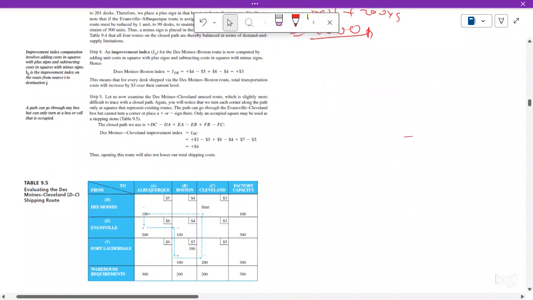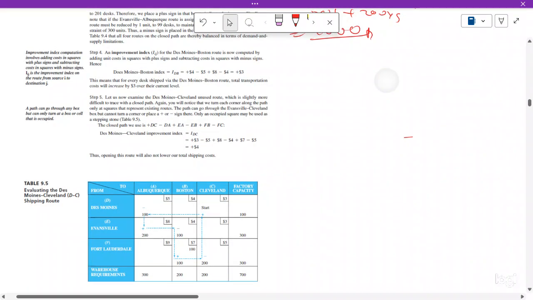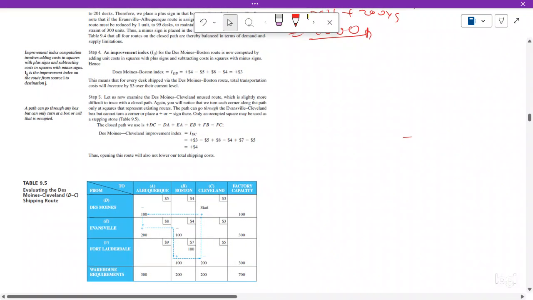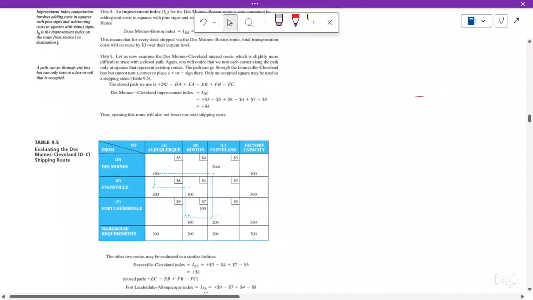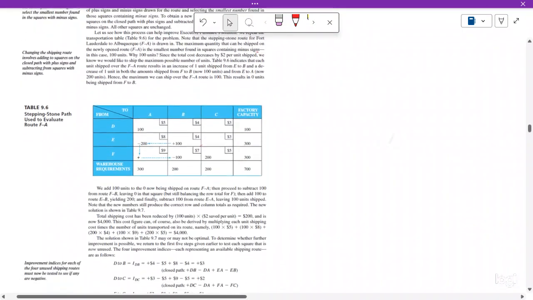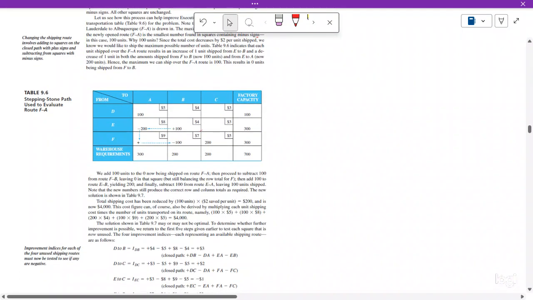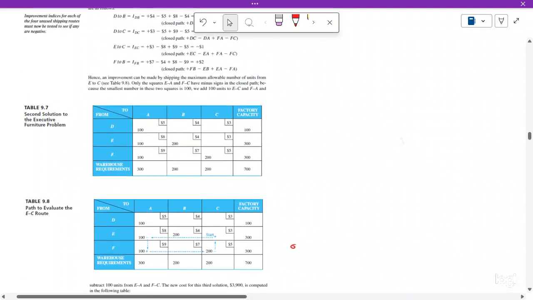And now, these guys, they were just explaining the process here. Then there's the solution that we had. Where's the solution? This is the solution that we had.